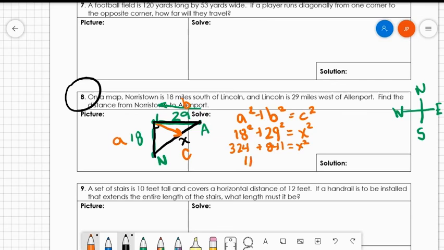Which if I simplify that down, I'll get 1165 equals x squared. Take the square root. And x is going to be 34.1. So my solution is 34.1 miles.